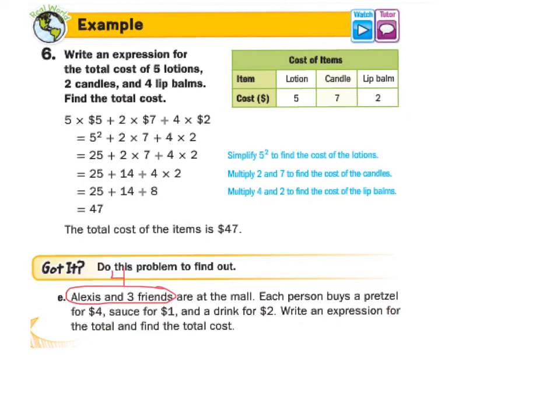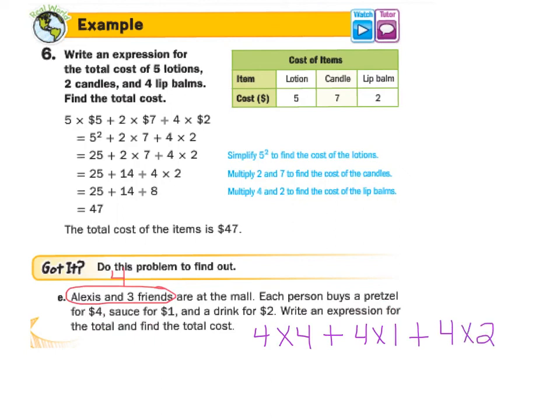Write an expression. So we could write it out the long way: each person, 4 people, each bought a pretzel for $4, so we would do 4 times 4. Then we'd add to that, they bought sauce for $1, so it'd be 4 times 1. And then we could add to that each of them bought a drink, so it'd be 4 times 2.